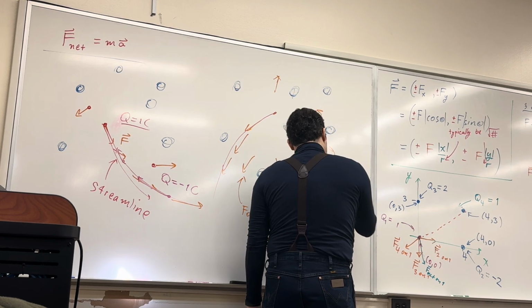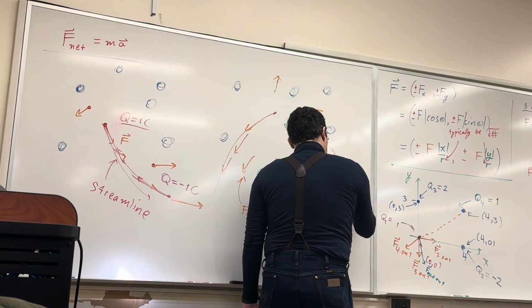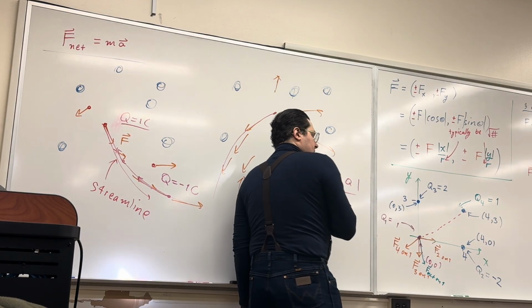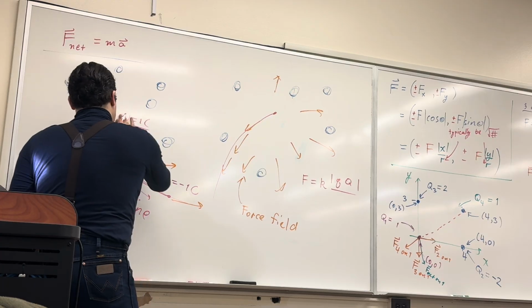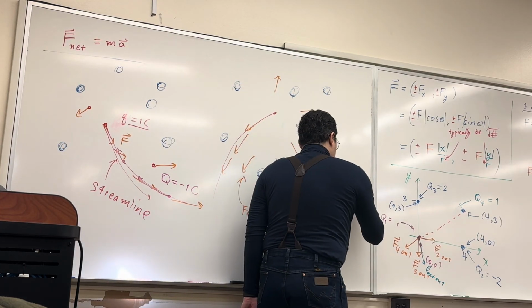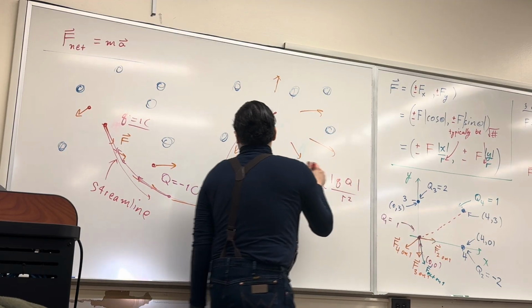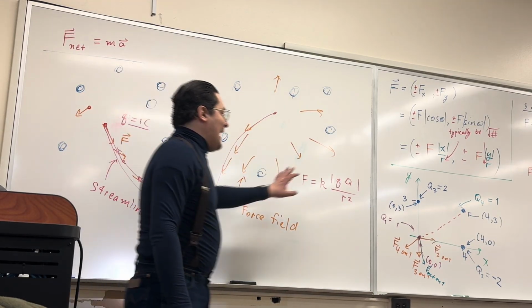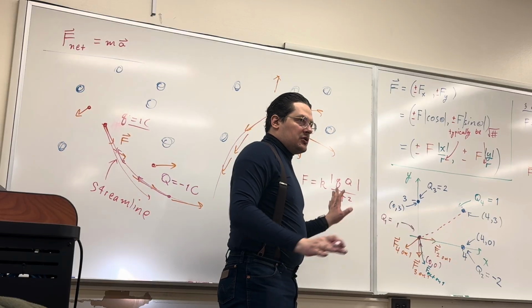Let me actually change it. Let's say I have a little q that's the test charge, this little tiny guy, and the capital Q is the charge of one of these other charges, and I have to add all of them up, right? There can be a whole bunch of them.